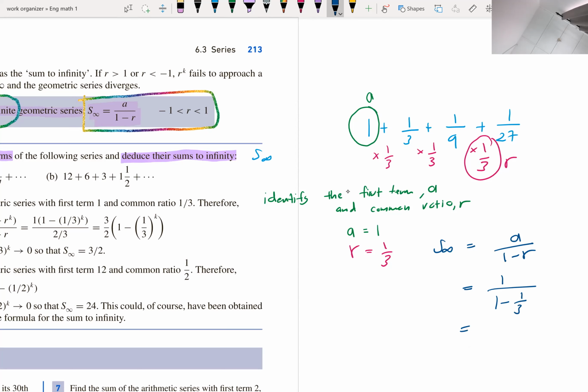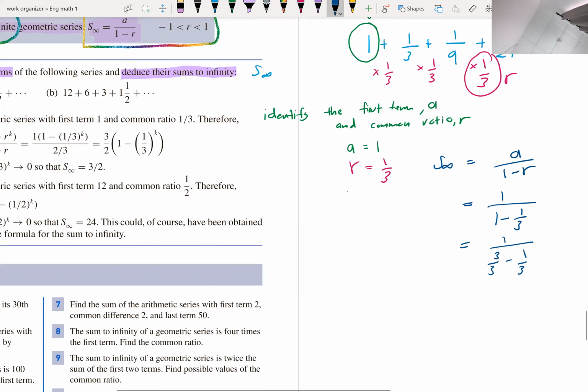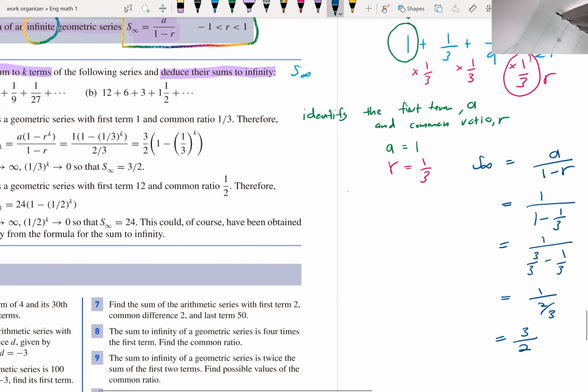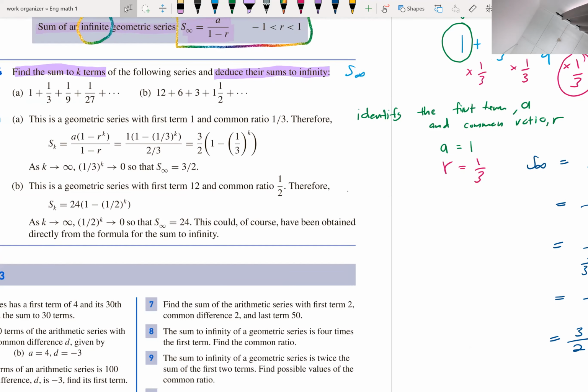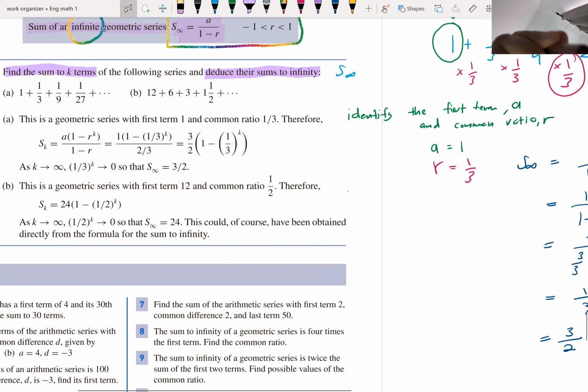So 1 minus 1 over 3 is 2 over 3, so it will be 3 over 2. That's the answer. Sum to infinity is 3 over 2.